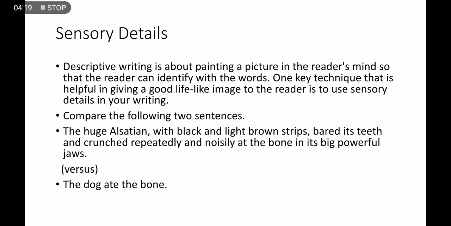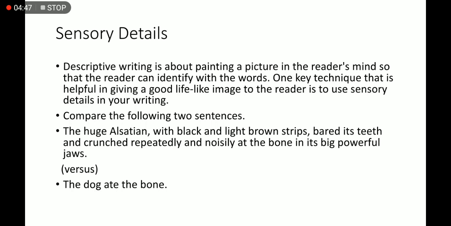You get to know about the breed of the dog and how big it is and what color is its skin, and then you can picture it moving back its lips and baring its teeth, and then with that big, huge powerful jaw, it crunches, or it kind of shatters the bone that it is holding in its powerful jaw.